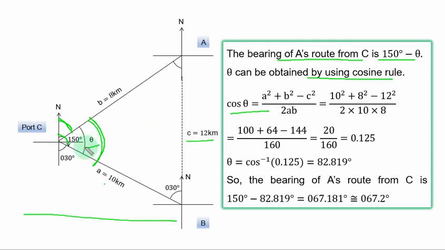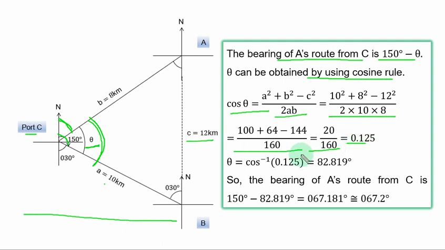Now, this is angle theta, which can be seen as angle C. So you have cos C, which is cos theta, equal to A squared plus B squared minus C squared over 2AB. You replace all the sides with what they stand for in this form. After simplification, you have this result. After addition and subtraction, you have this result. After division, you have 0.125.